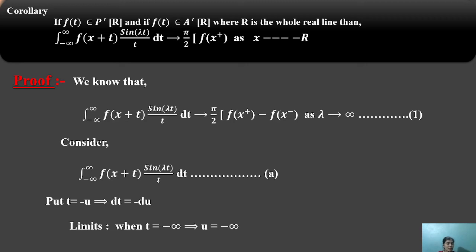Then when t equals infinity, u equals 0, for reducing this form.